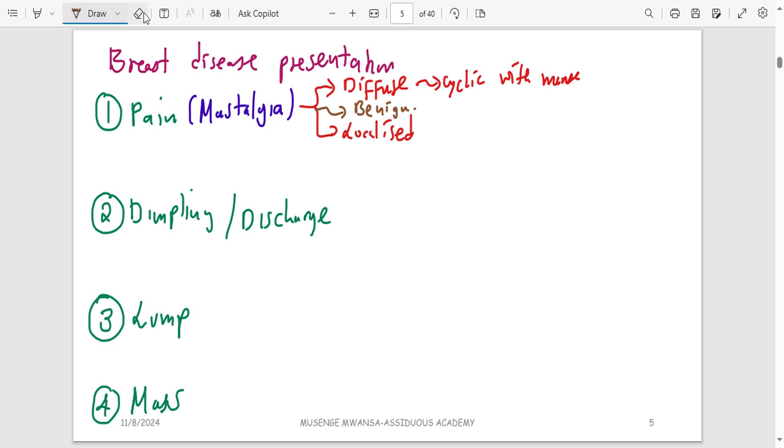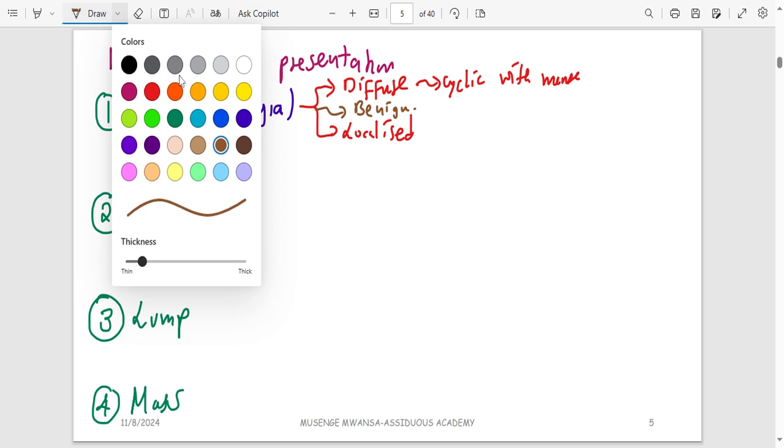Okay, let's first talk about discharge. Anyone that can say just anything that they know about the discharge with breast disease, just anything.